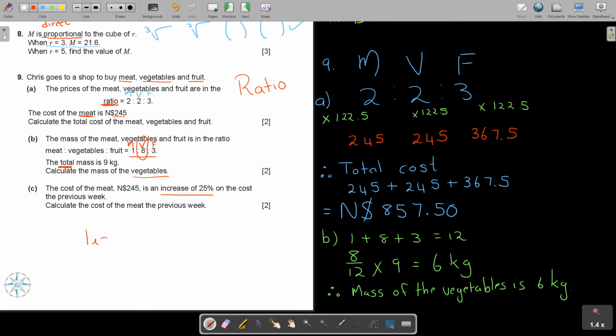Okay, so this was last week. And let's call this week. Okay. Now, as soon as you see, they give you this week's total. But they want you to reverse back to last week. Then I know it's reverse percentage. But let's first revise percentage.